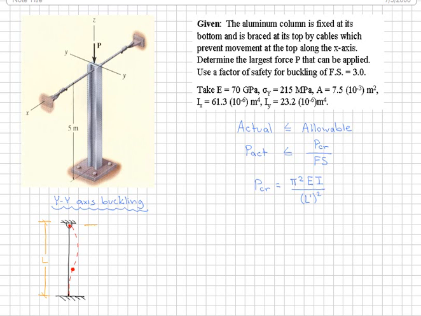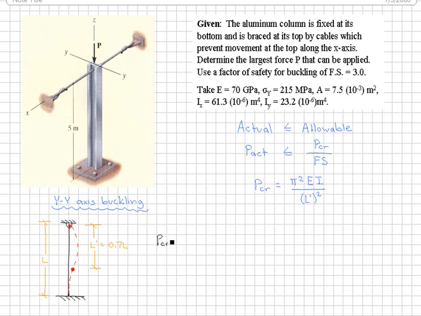Therefore, the effective length of this column is this distance I'm drawing right now. And if we look on our RDC for a pinned fixed column, the effective length is 0.7 times the original length of the column.